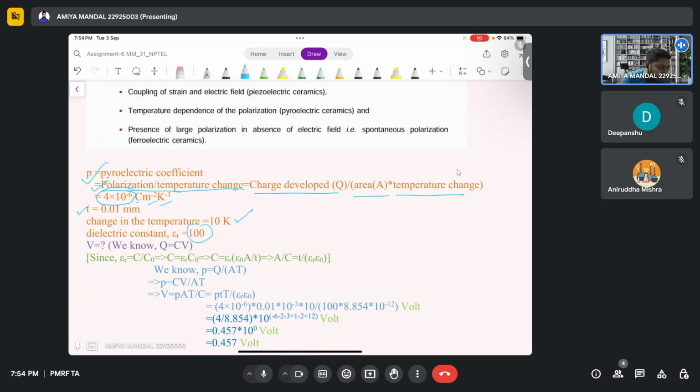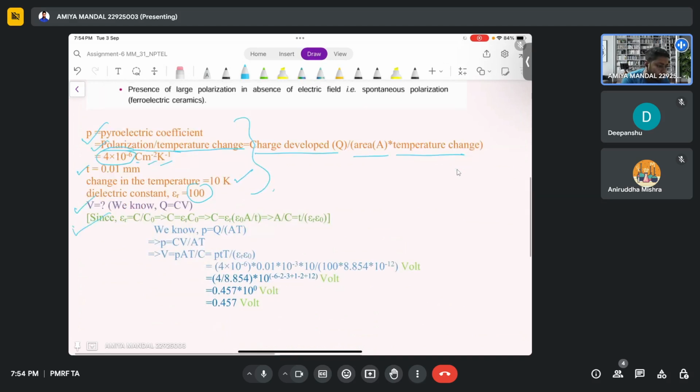The dielectric constant is also given, so all these values are given. You have to find V. You know the dielectric constant is C by C naught, so C equals epsilon r into C naught, which is epsilon r into epsilon naught A by t. From there, A by C is calculated as t by epsilon r epsilon naught. All these are known values.